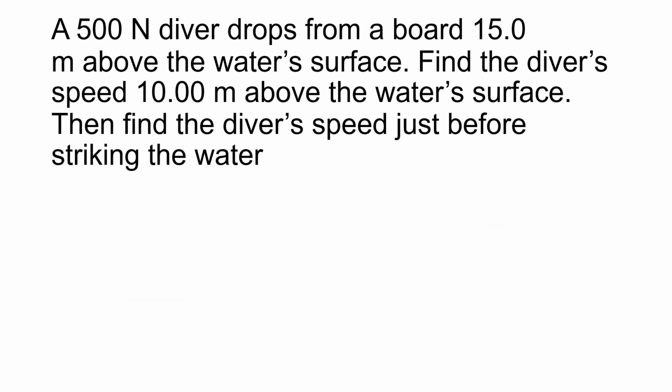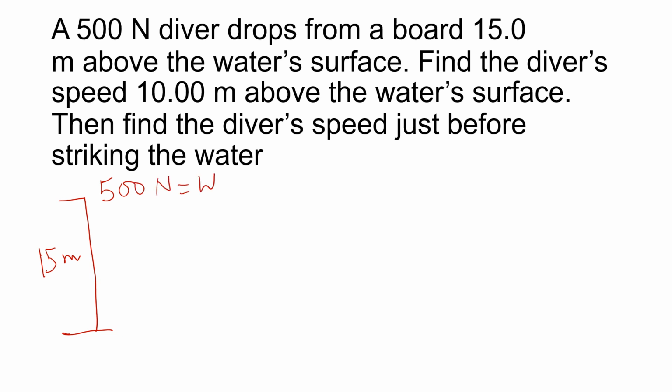Now in this slide, we will be solving for the second question, which is asking us, then find the diver's speed just before striking the water. So we know that the total height is 15 meters and 500 Newton was the weight of the diver.